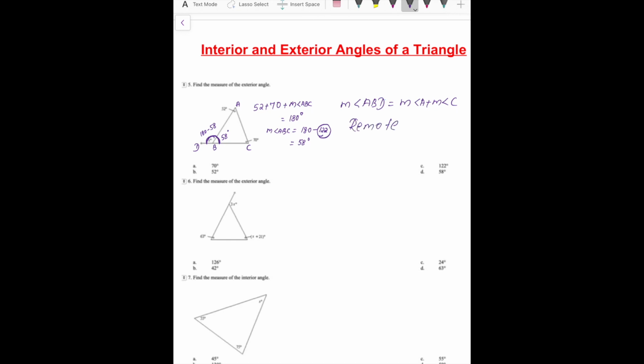Even if you don't know that, you can actually figure it out like this. So your answer is going to be 122. So that's option C.